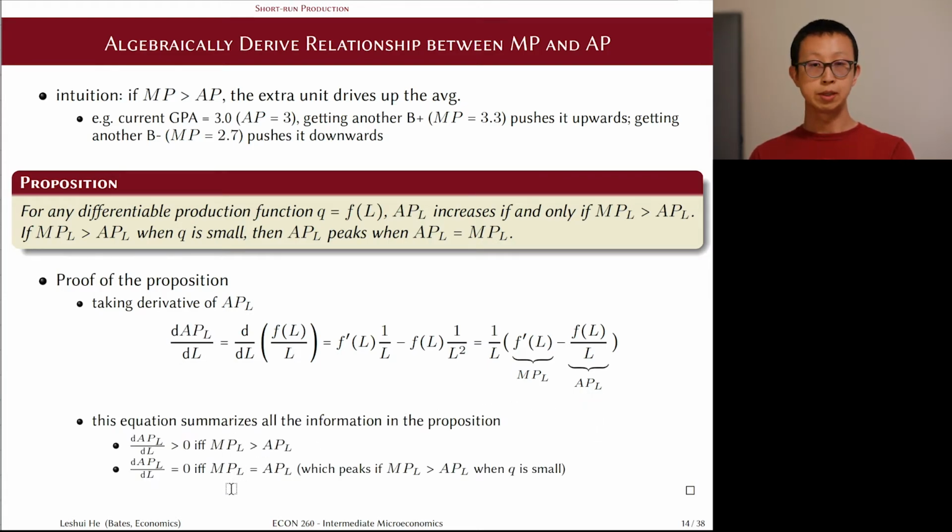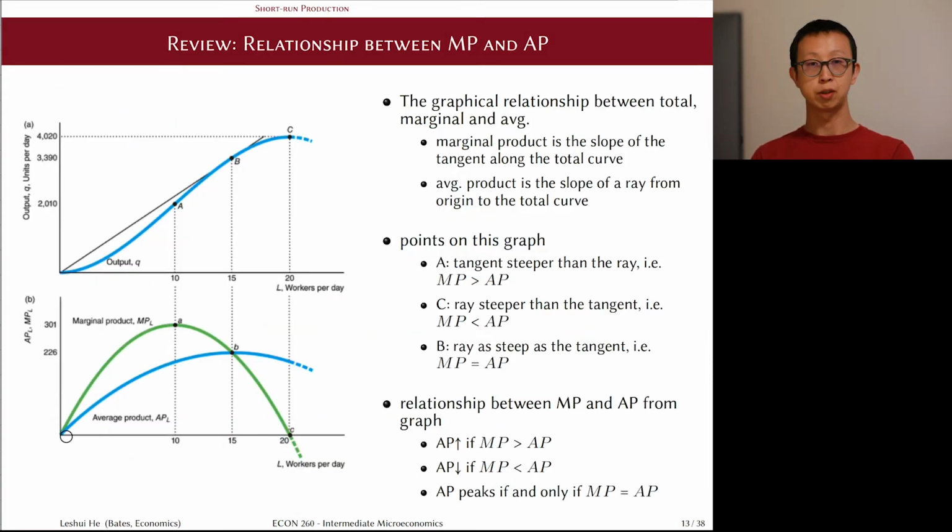These 2 bullet points just summarize what we were discussing, and the term IFF is denoting if and only if as a shorthand. In particular, if the marginal product is higher than average product when the input level L is small or the output level Q is small, which is referring to this part of the graph.